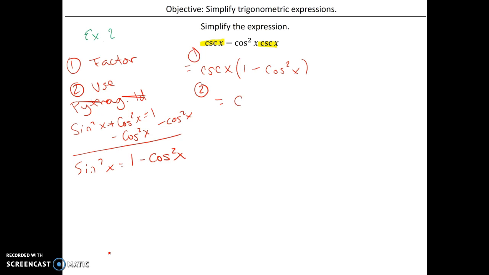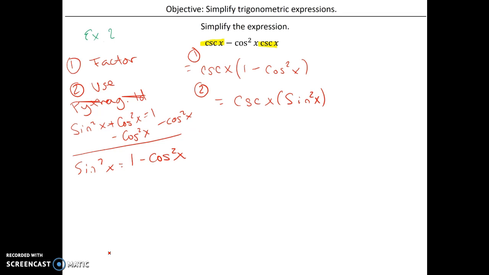Okay, so I have cosecant of x times sine squared x. Now, notice how these aren't the same trig function.